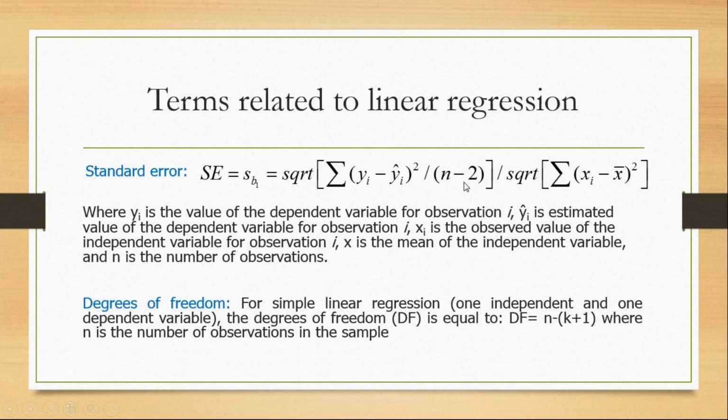For a multiple linear regression, it will be n minus k minus 1, where n is the number of observations and k is the number of independent variables that I am taking. So this will change accordingly, and using this, I get my standard error.